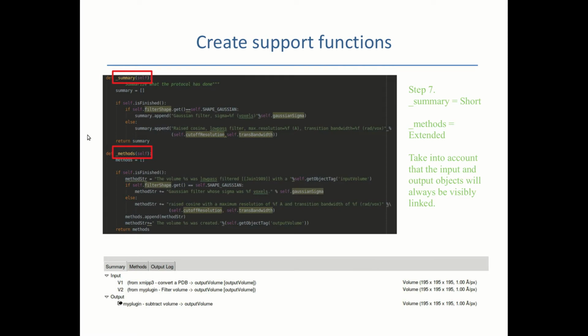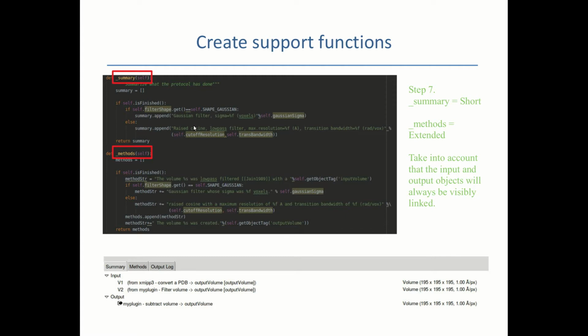The first one is the summary. The summary normally is a summary of what the protocol has done. And remember that in this summary you will always have the input and output objects linked. So for instance, this is taken from a different protocol, sorry, but you see that the input objects were these, the output object is this one, so you didn't have to repeat that in the summary.